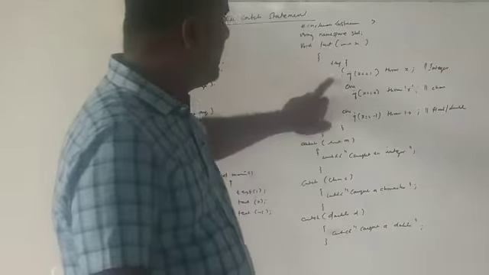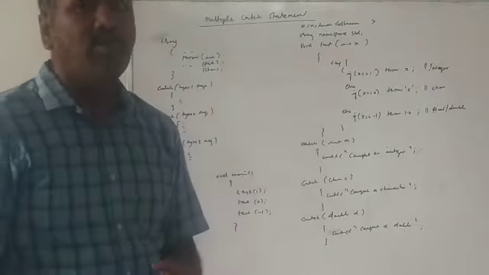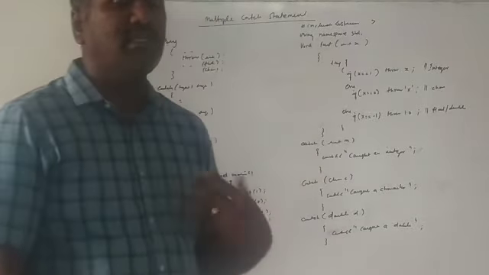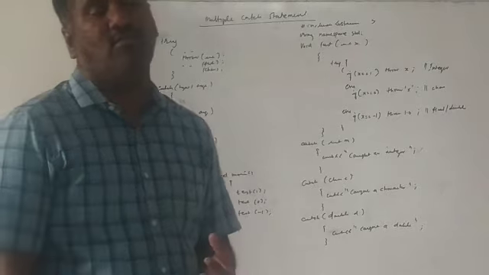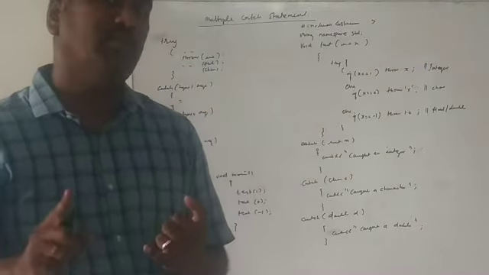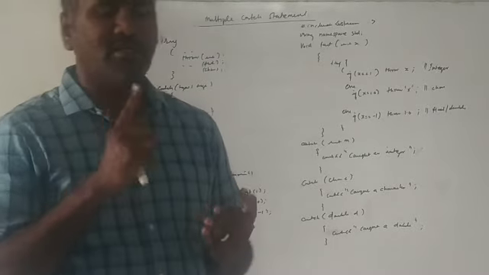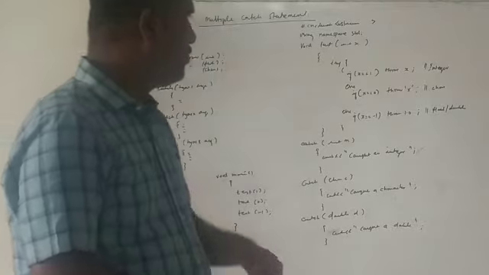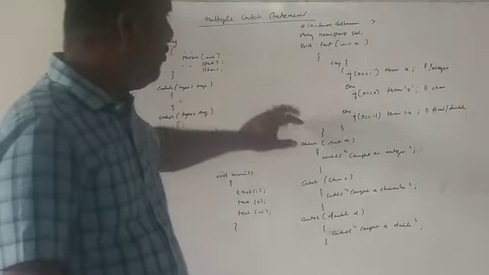Here we are creating three types of exceptions: one is an integer exception, another is a character exception, and another is a double exception.